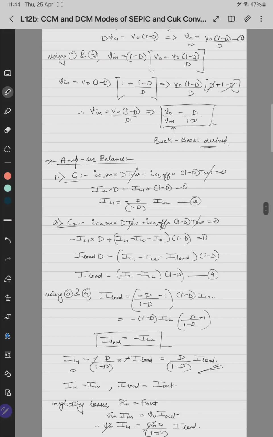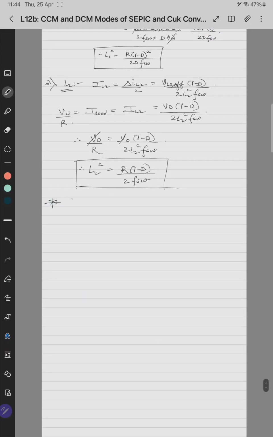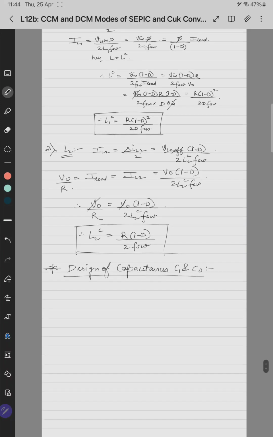Okay, so we'll quickly see how to find the capacitances. Design of capacitances C1 and C0. Just like in the analysis where we saw design of parameters for DC-DC converters, when selecting any inductor, L should be greater than L critical for a given ripple rating.